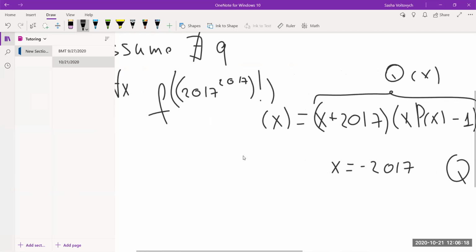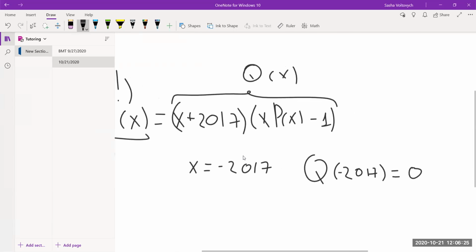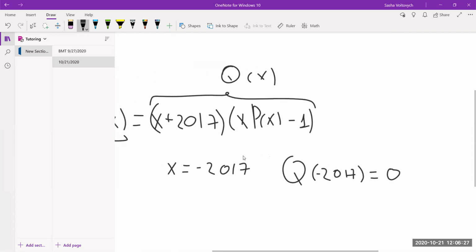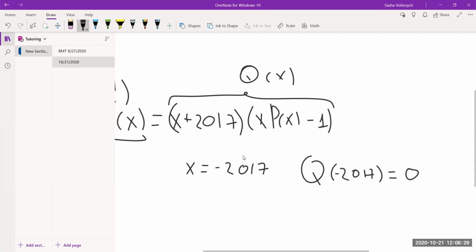And also let's label the function on the right gx, just for convenience. Okay, so we know that minus 2017 is a root of this polynomial. What else can we say about it?